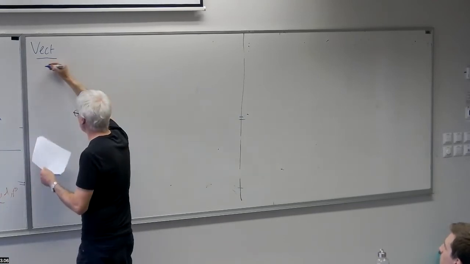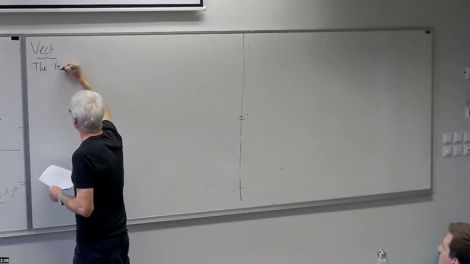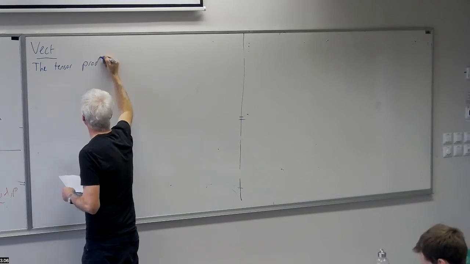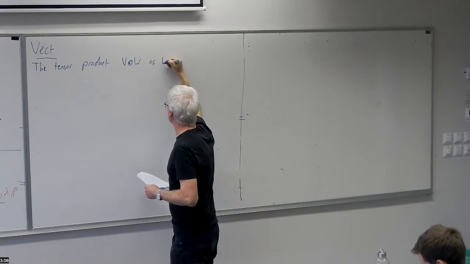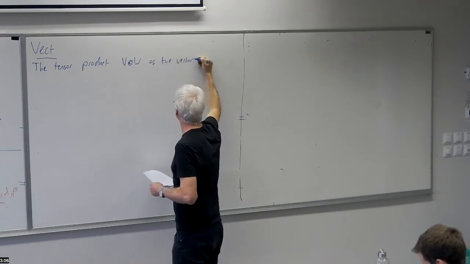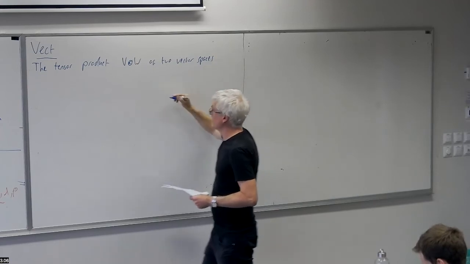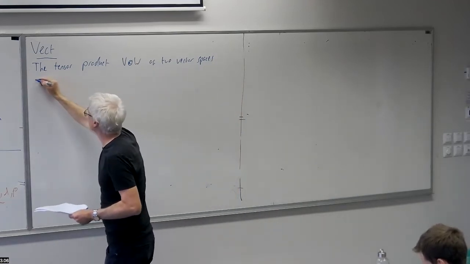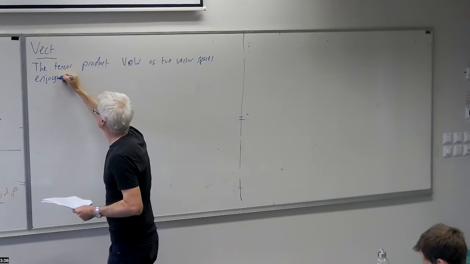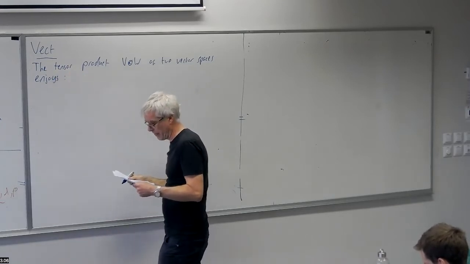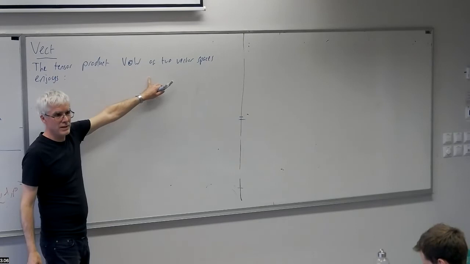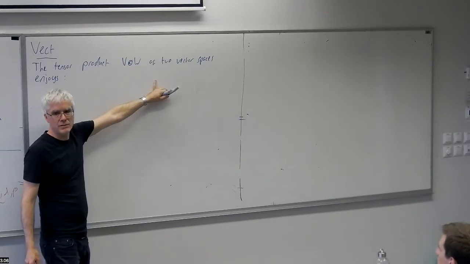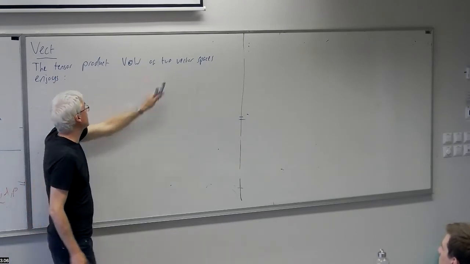The idea behind it is the tensor product V tensor W of two vector spaces enjoys the following property: that you can code up bilinear maps out of V and W as linear maps out of the tensor product. That's the key idea to it.